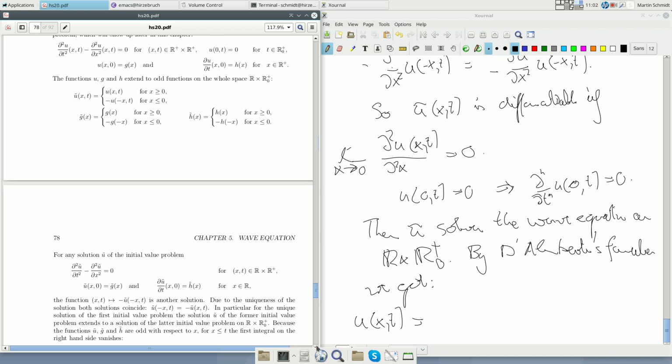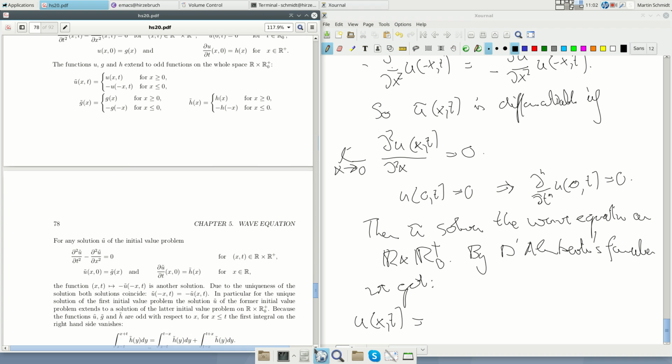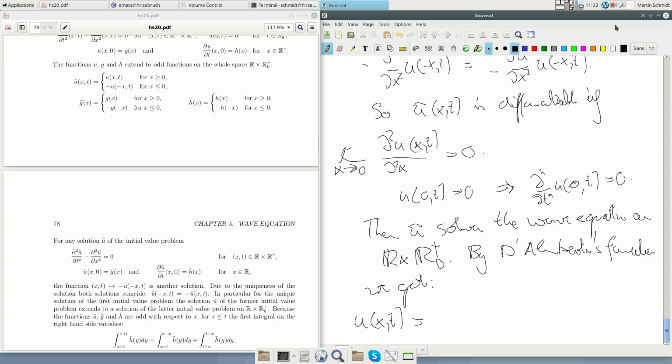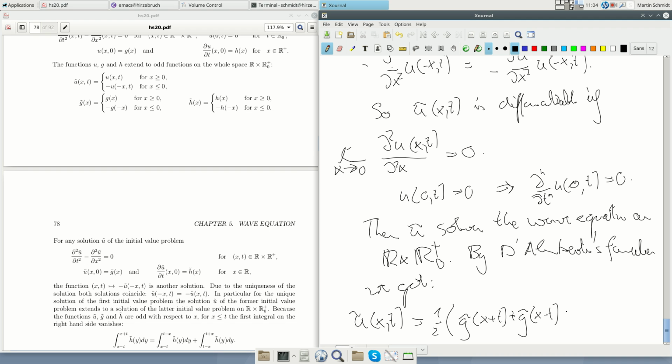Now we insert D'Alembert's formula, and then what we get as a solution for u of x tilde, now by D'Alembert's formula, this is just 1/2 g tilde of x plus t plus g tilde of x minus t plus integral x minus t to x plus t of h tilde of y dy.